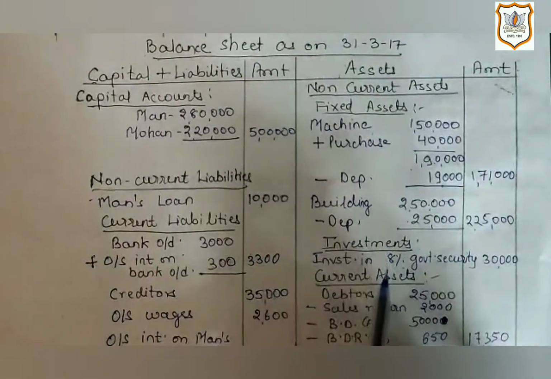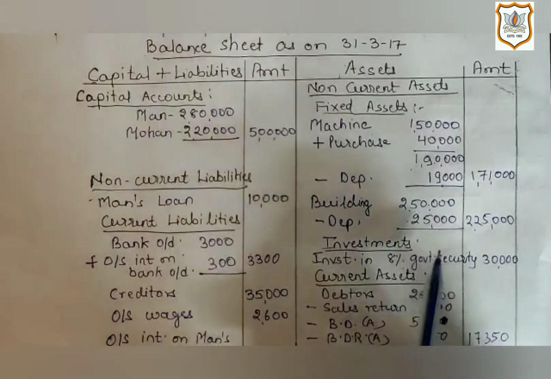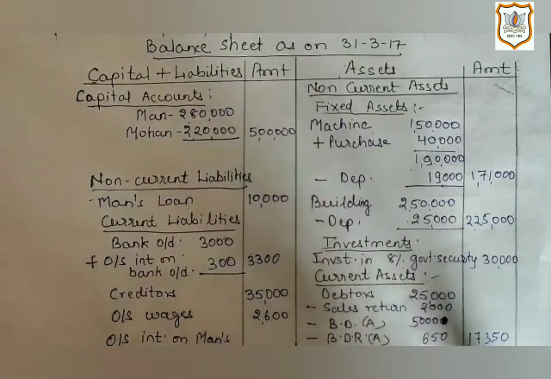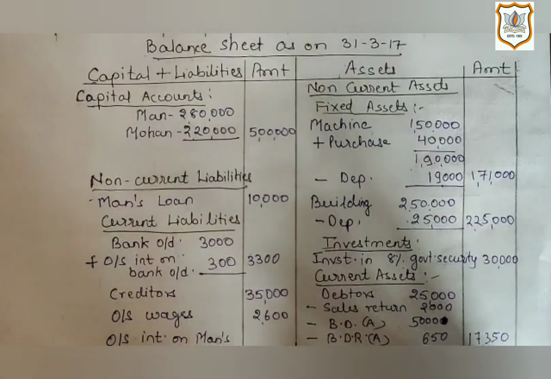On such investment, the firm is entitled to get interest, which is 8%. So 8% of 30,000, that means rupees 2,400 will be outstanding interest on 8% government security.